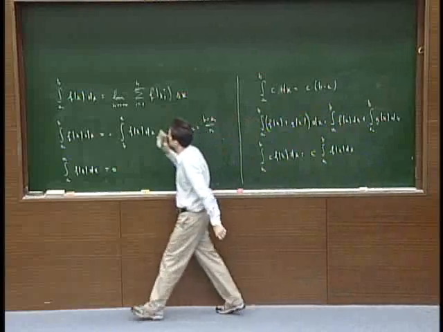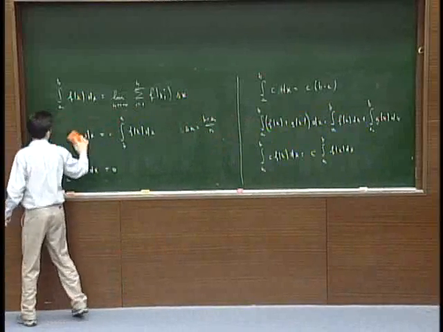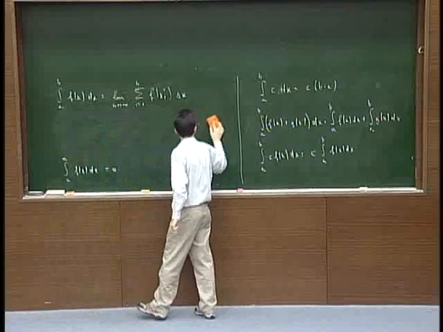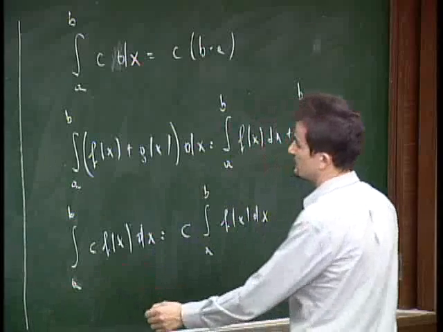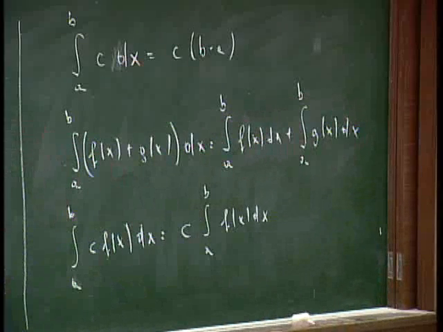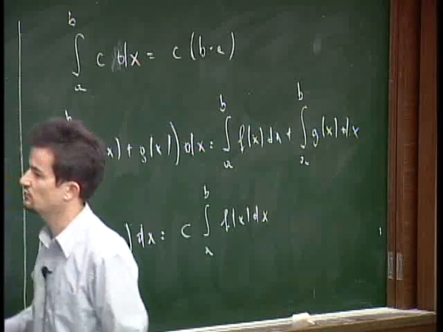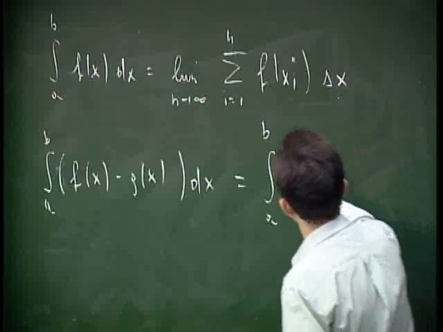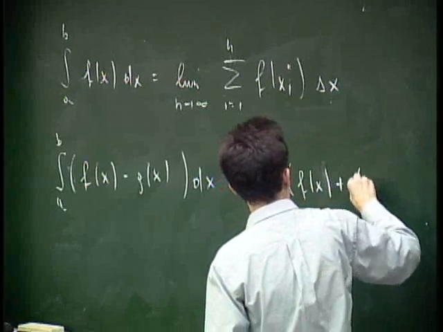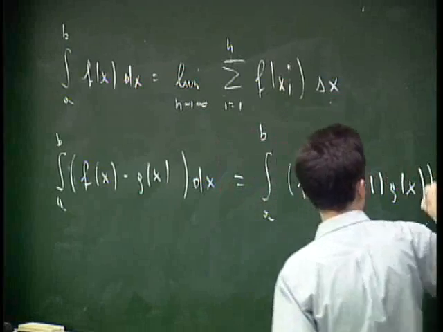So all those rules here are trivial. They follow immediately from the definition. Now you see already from those two you get a consequence, namely if you look at the integral from a to b of f of x minus g of x dx, you do not have to go back to the definition, because you can write this as the integral of f of x plus minus 1 times g of x dx.